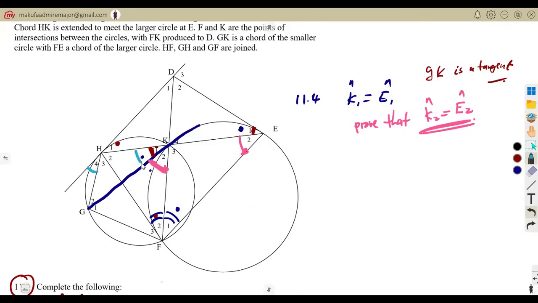Using this whole line, it must be equal to this angle. But if you take H4 and H3 as this angle here, we are going to consider this is the chord that we have, and this is our tangent. So the whole of this angle must add up or must be equal to this angle that is being created at K, which is K1 and K2.